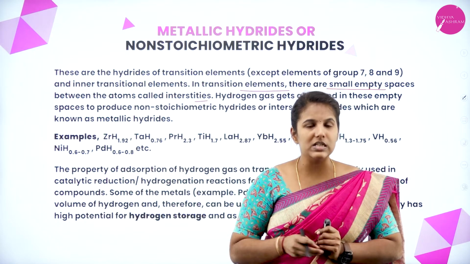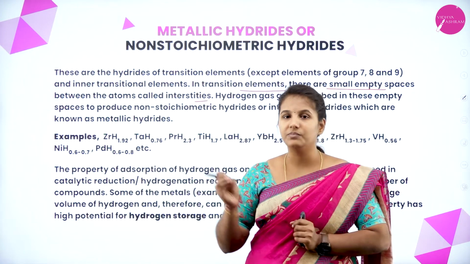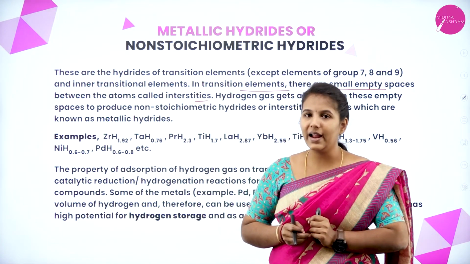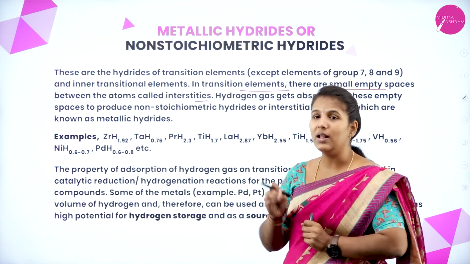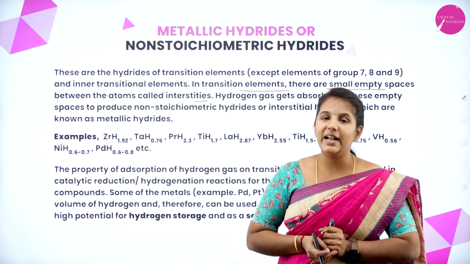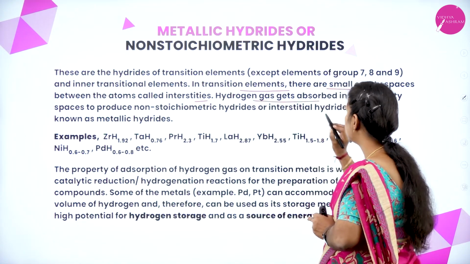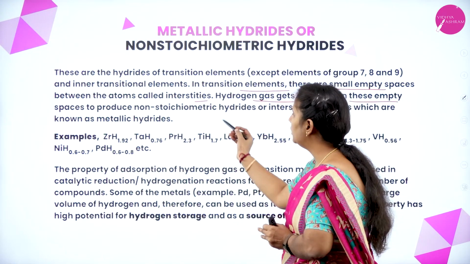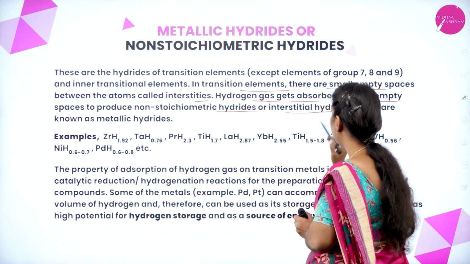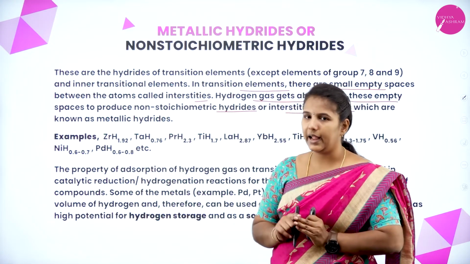If those vacant spaces are occupied by hydrogen, then it is called a metallic hydrate or interstitial hydrate. The hydrogen gets absorbed into the empty spaces to produce a metallic hydrate. Hence, this is known as metallic hydrate.